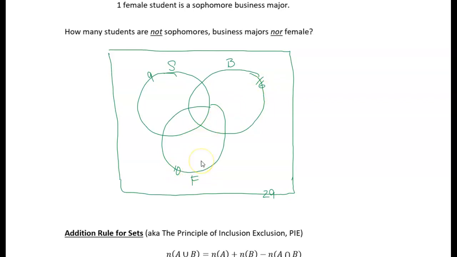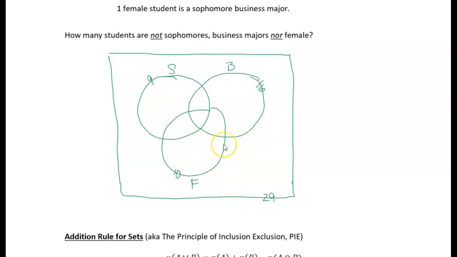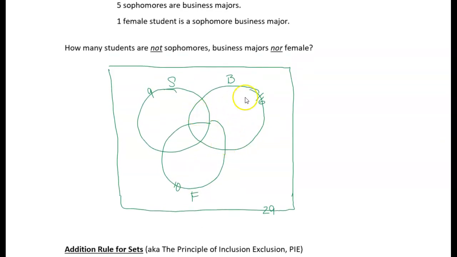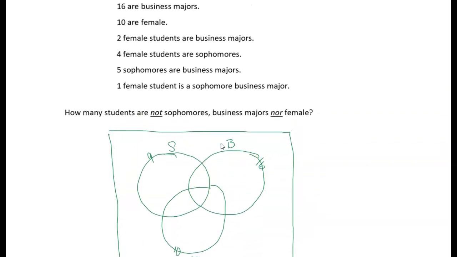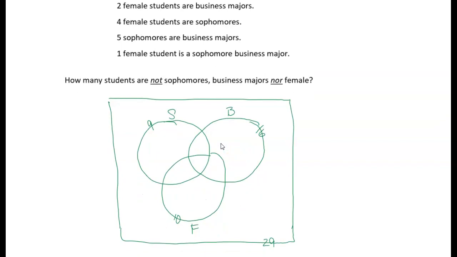Okay, now we have some other information, because we still don't know how to break up all these students into these other regions. So we're also given that 2 female students are business majors. Okay, so there are 2 people who are in both the business major category and females.